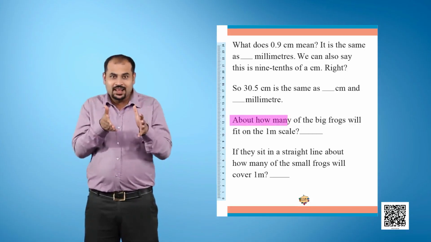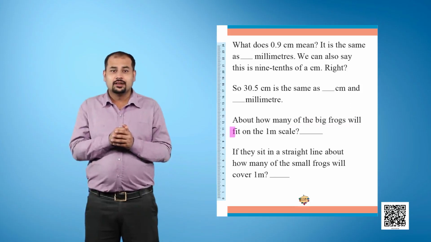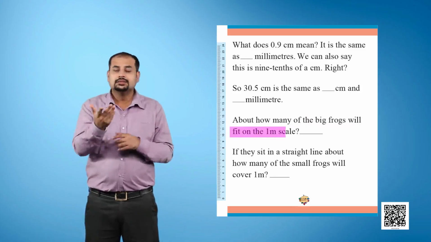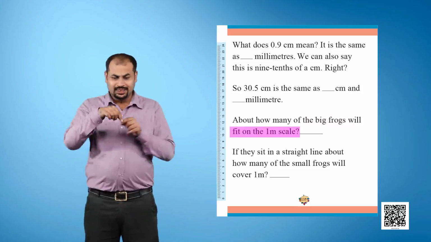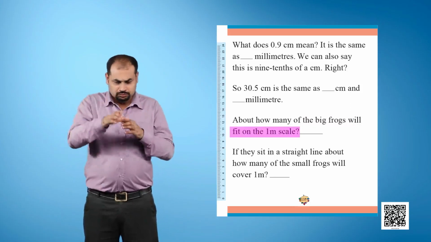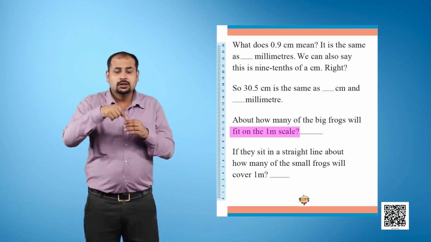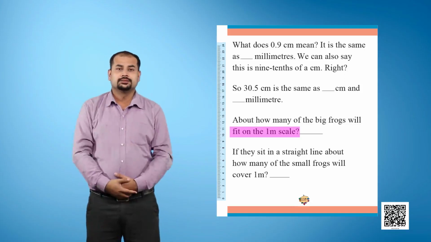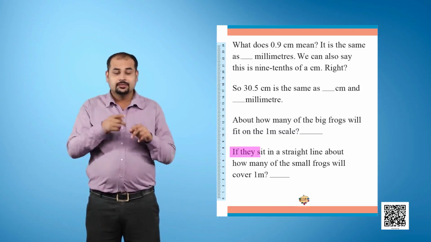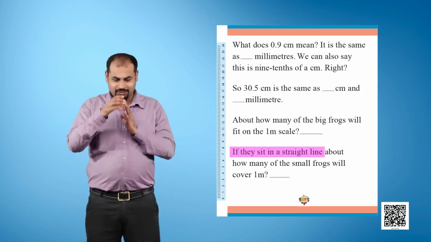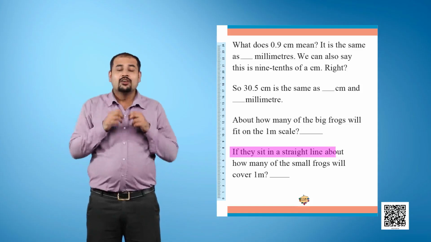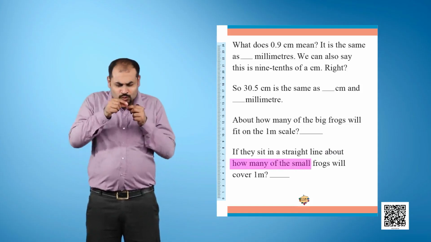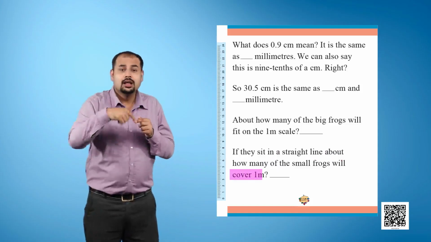About how many of the big frogs will fit on the 1 meter scale? If they sit in a straight line, about how many of the small frogs will cover 1 meter?